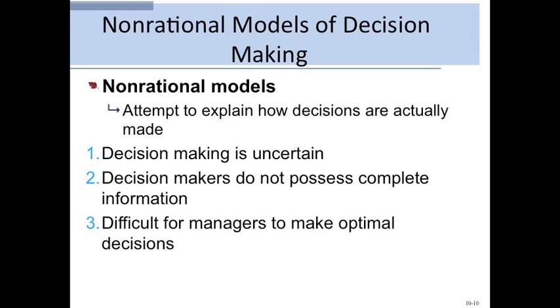And all of those things contribute to decision making not necessarily being optimal, not necessarily being the best solution, because there aren't always the necessary resources and the necessary time to make that best decision.